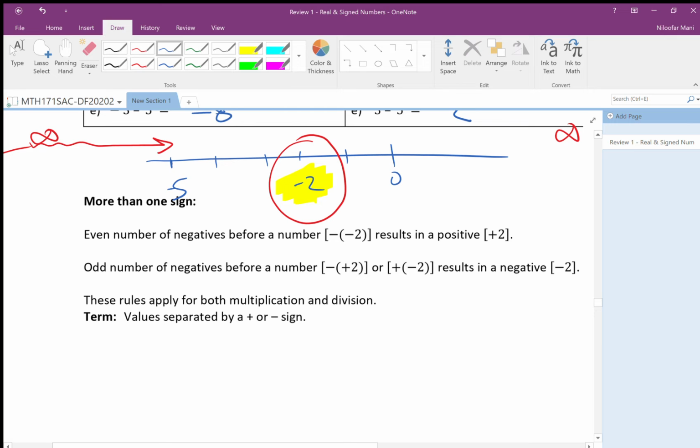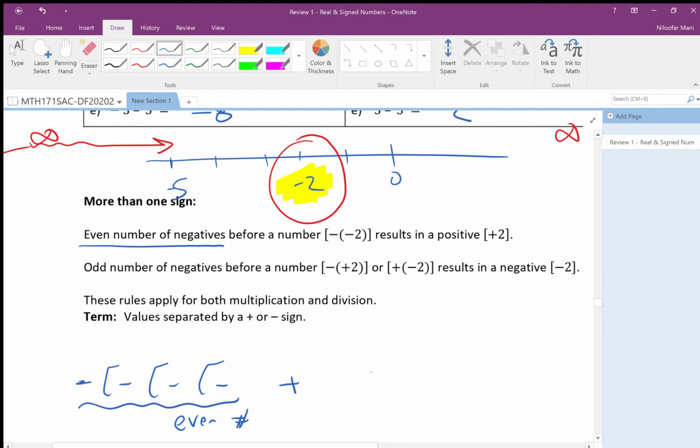Okay, so more than one sign. So here, even number of negatives. If I have an even number of negatives, for example, 2, 4, 6, the number is positive. So if I have minus, minus, minus, minus, but these minuses are an even number, it's plus.